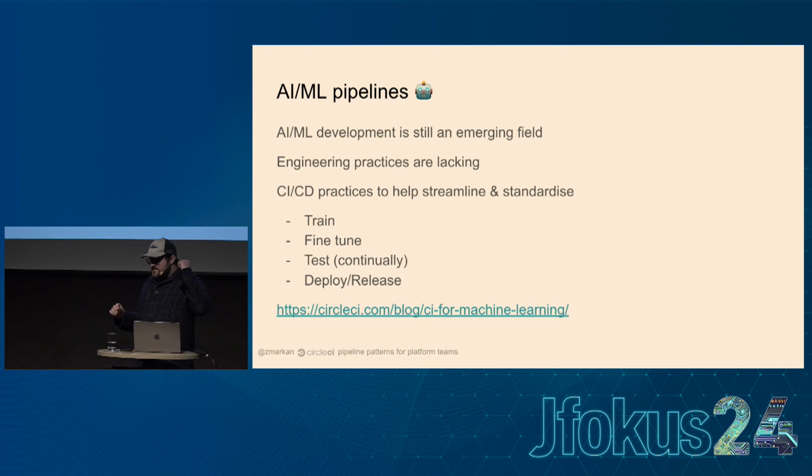So testing is hard, deployments are hard, just the way things are built and integrated is not well done. But you can take your software engineering and DevOps expertise and bring that to a new team and create these engineering practices before it's too late.